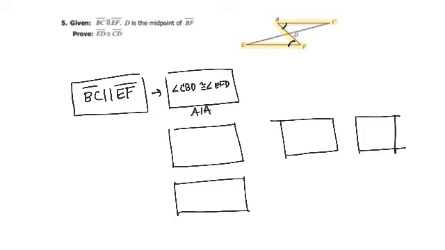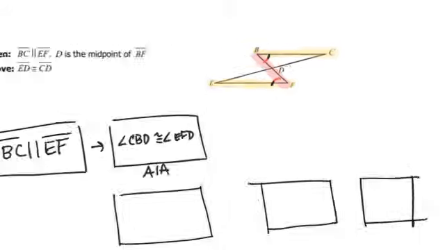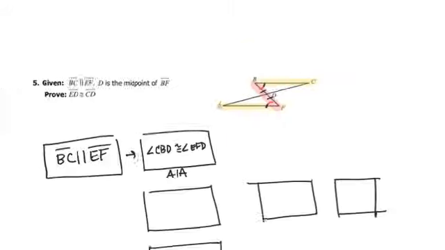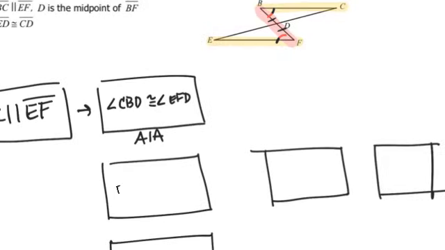They also told us that D is the midpoint of BF. So I'm going to highlight BF in a different color. So here's BF. And if it's the midpoint, then it cuts these two in half. Let's zoom in. Cuts this, okay, in half. So BD is congruent to DF.